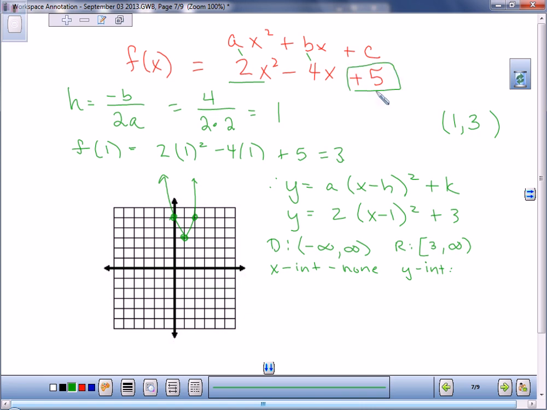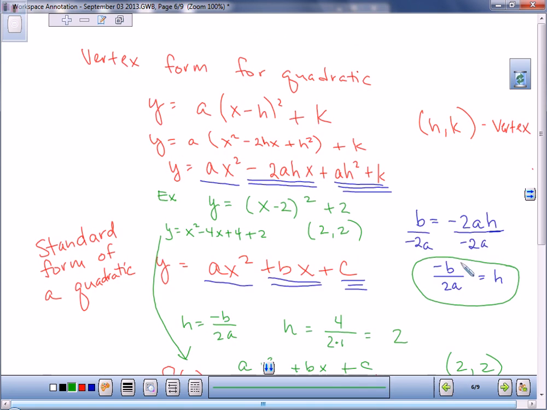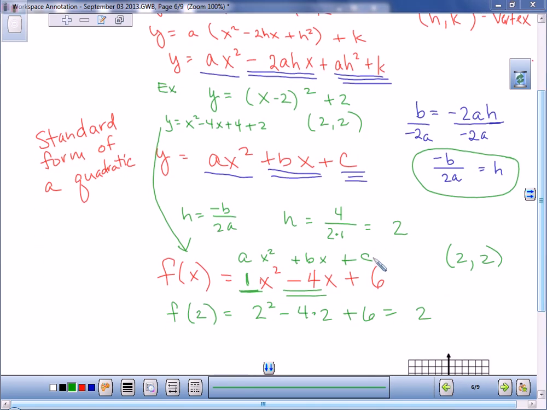So what does C end up being every time? The y-intercept. When I give it to you in standard form, C is also your y-intercept, because if you plug in 0 for x, all you're left with is the c part. Does that make sense? Okay, so the y-intercept is 0, 5. It's the point 0, 5. Or you could just say the y-intercept is 5.